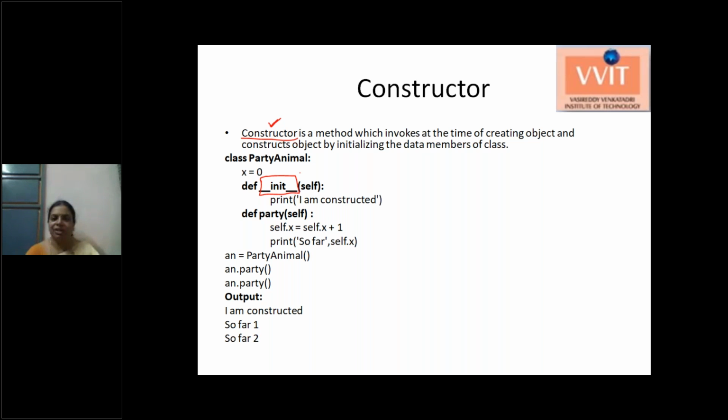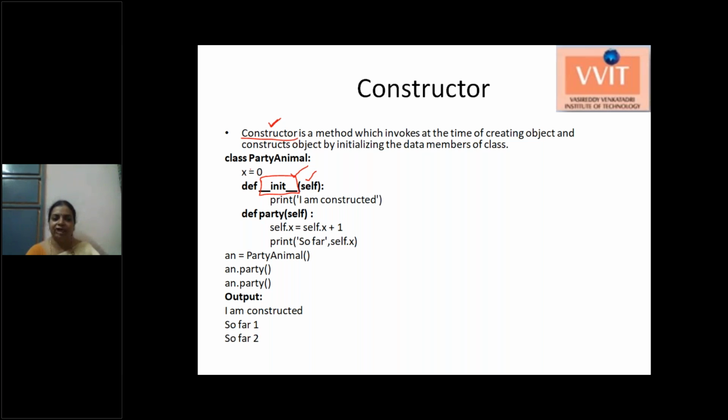This is the name which is used to specify the constructor. This name cannot be used for any other functions. So def double underscore init, again double underscore. Two underscore symbols here also. Then this function is treated as a constructor, and it also has a default parameter, the self parameter.